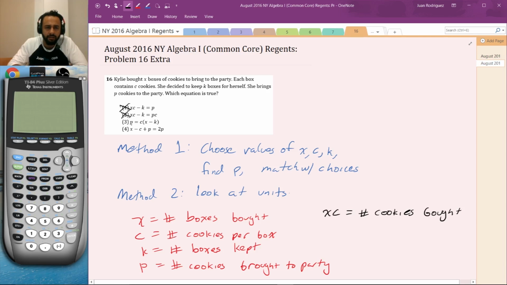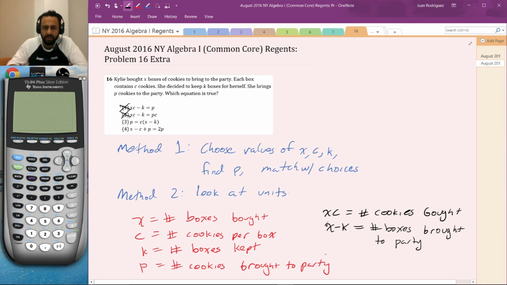This one, let's see this one. The number of cookies brought to the party is equal to the number of cookies in one box times X minus K. X minus K, well, X is the number of boxes bought, and K is the number of boxes kept. So the X minus K is the number of boxes brought to the party. Okay, so that is a significant number for this problem.